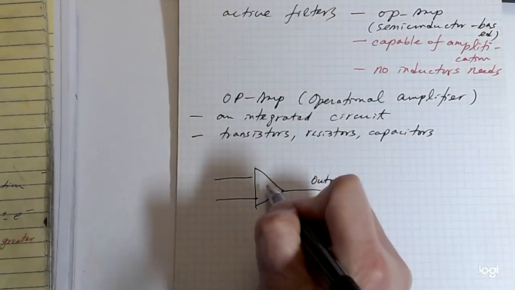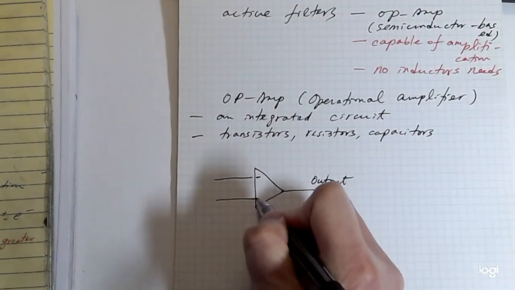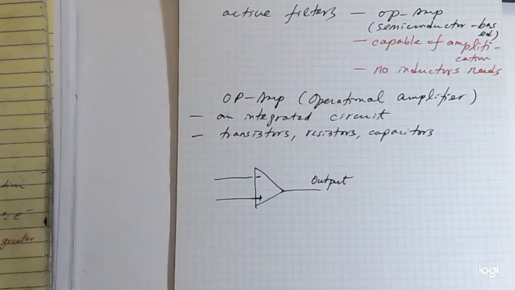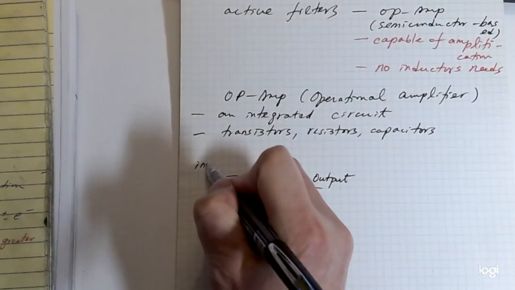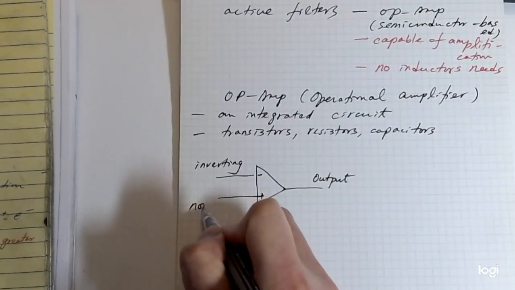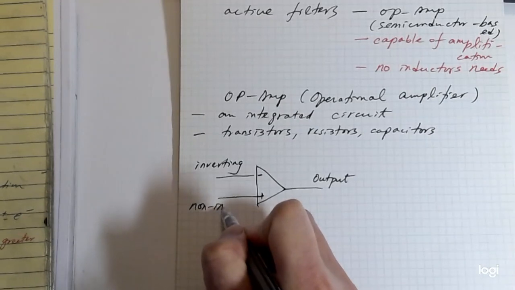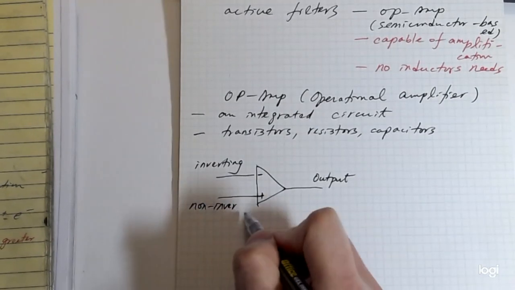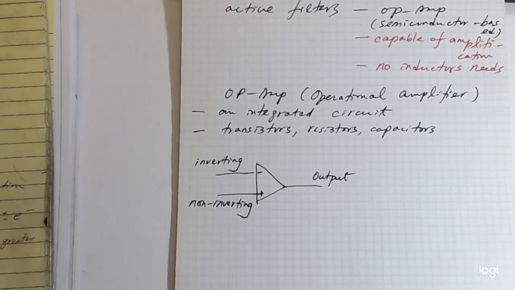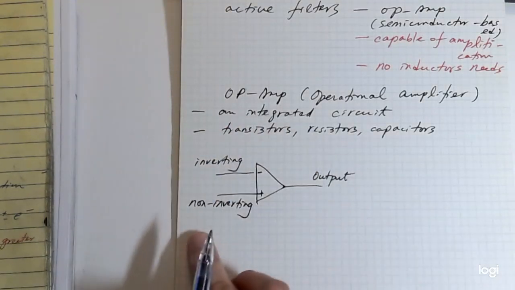We say this is negative, positive. The negative symbol represents the inverting input, and this is non-inverting for the positive part. Okay, and we use this as symbols.